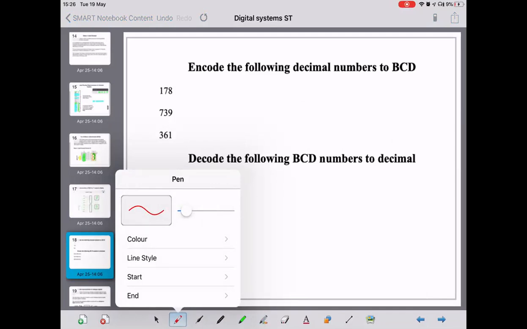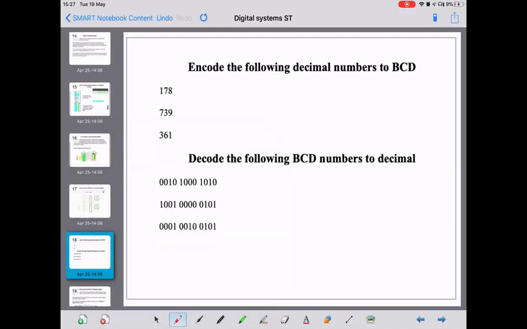Right, Dom, what you got for the first one? What's that? Encode the following decimals to BCD. Yep. I'll be honest, I didn't do it, but I'll do it right now if you want. One second. I'll give you time to do them.